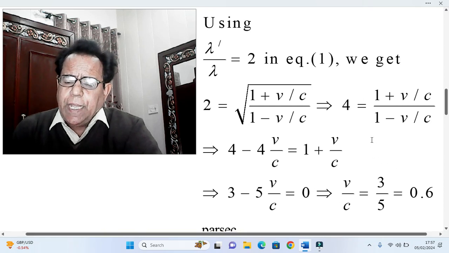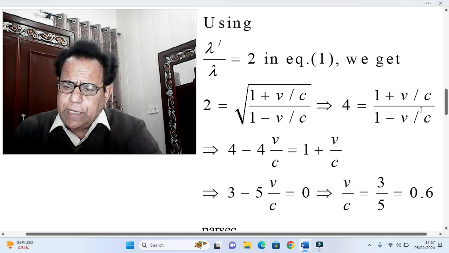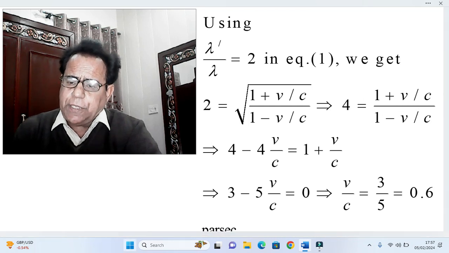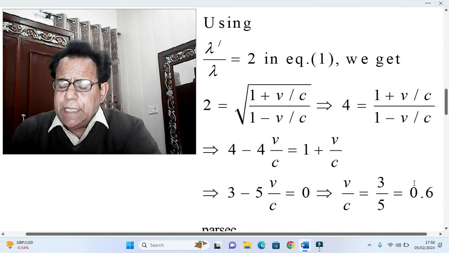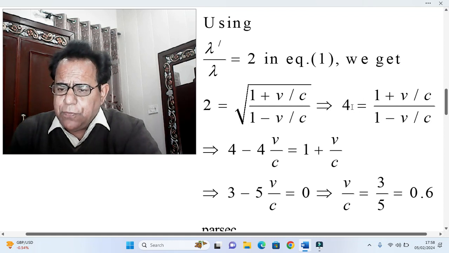So our expression will become 4 equal to (1 plus v over c) over (1 minus v over c). From here, if we shift this denominator to the other side of equality, it will be multiplied with 4, and we will get 4 minus 4v over c equal to 1 plus v over c.